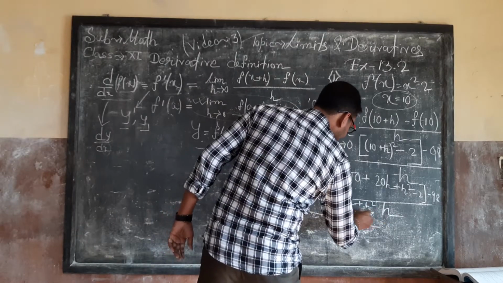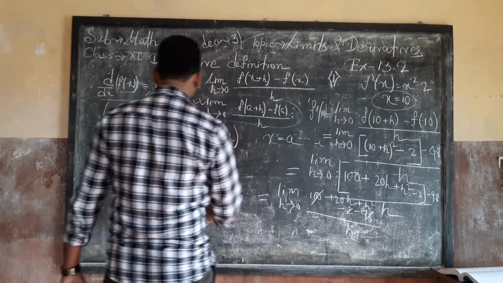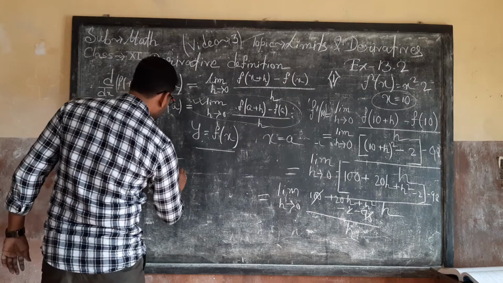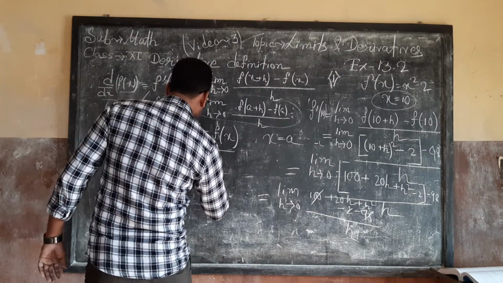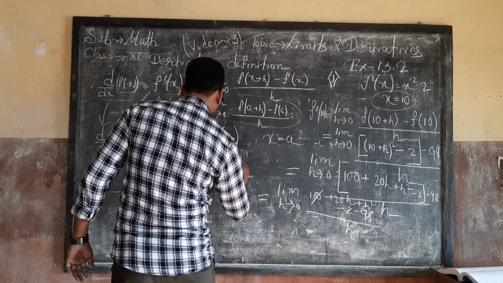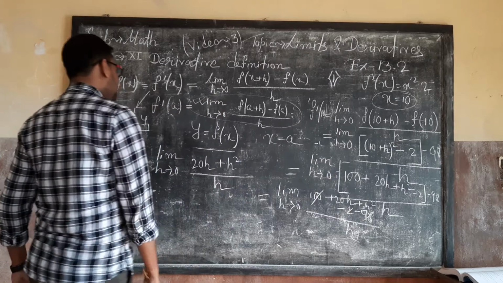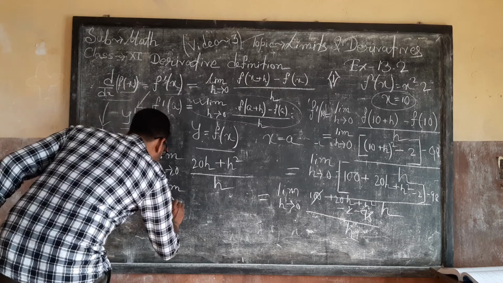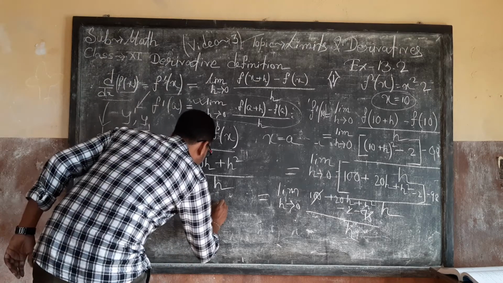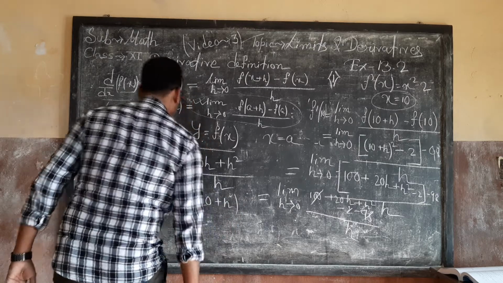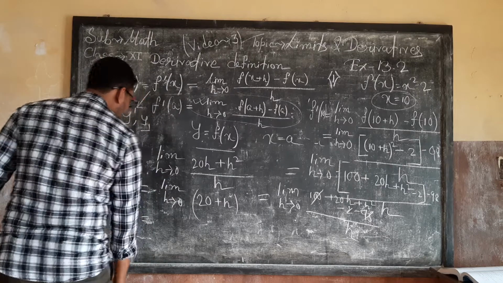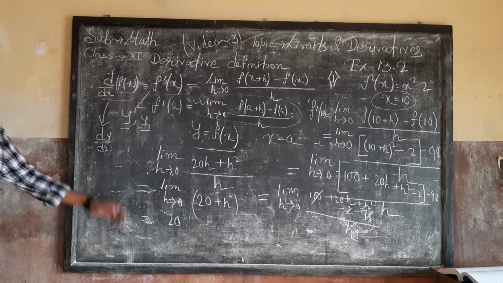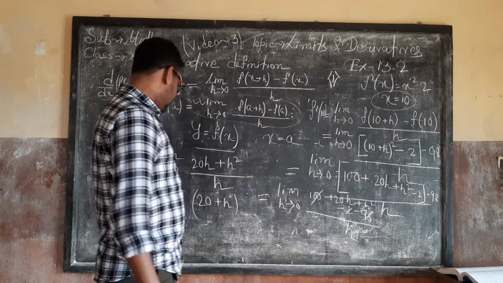This 100, this 2, this 98 cancel. That means after performing the cancellation, the limit h tends to 0, 20h plus h square by h. After that, the limit h tends to 0, 20 plus h. After putting h equal to 0, we get 20. So the derivative of this function at the point x equal to 10 is 20.